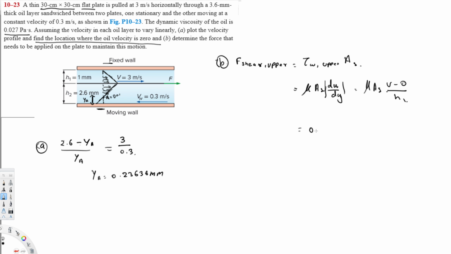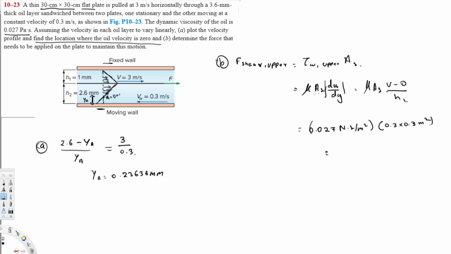So this is 0.027 Newton second per meter square, because a pascal is equal to Newton per meter square. This is mu times the area, which is provided in centimeters, so we convert it into meters: 0.3 times 0.3 meters square. Then we have du, the velocity difference, V minus 0.